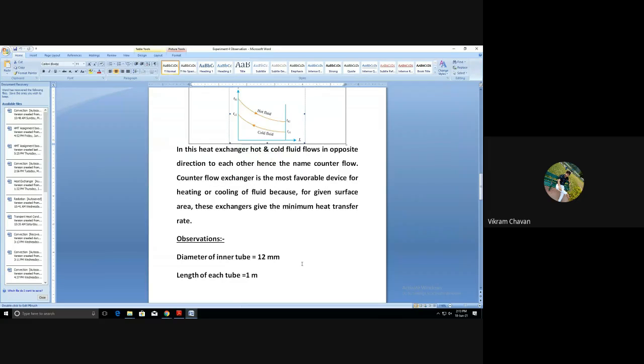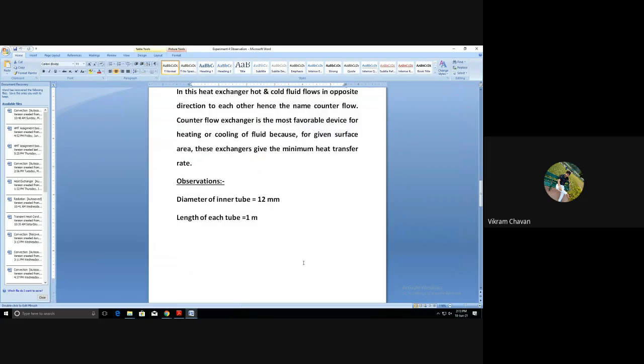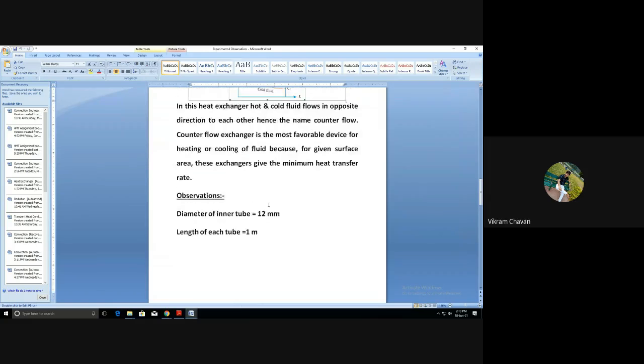So about our experimentation, we require some observations. We have to consider one concentric tube heat exchanger. Actually, the diagram of that particular heat exchanger is not with me, but we will see that actual experimentation directly after some time. But initially, the observations we require are the diameter of the inner tube and the length of each tube.